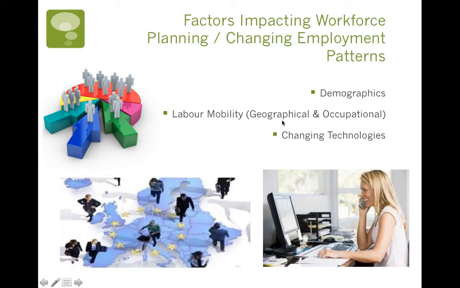In labour mobility, we talk about geographical and occupational. Geographical labour mobility means physically moving location to take on a new job. I'm British, I'm not from France, but I work in Monaco and live in France. I have geographical labour mobility because I've physically moved to take on that work.